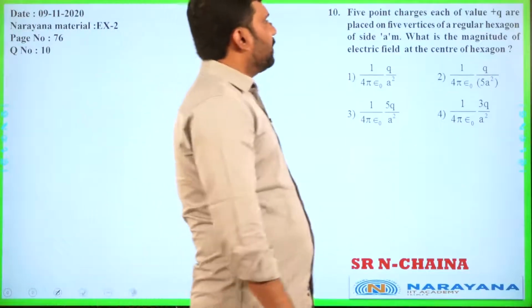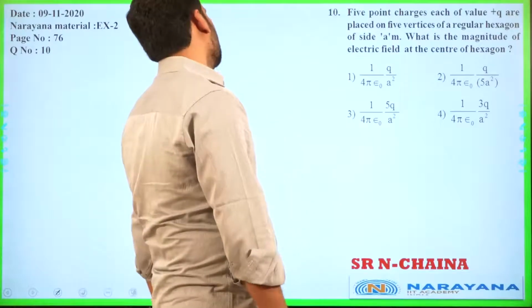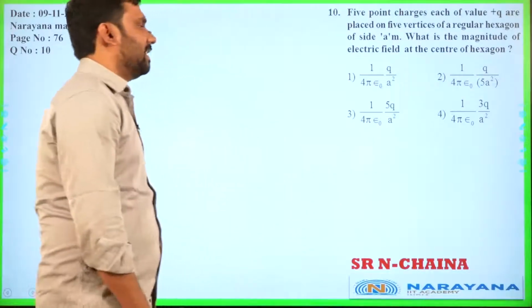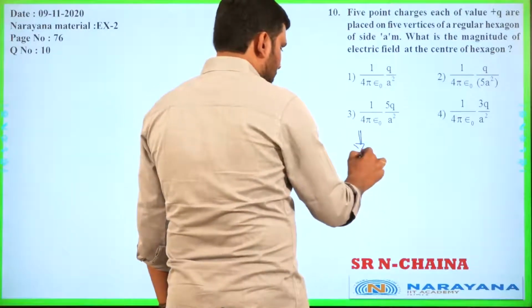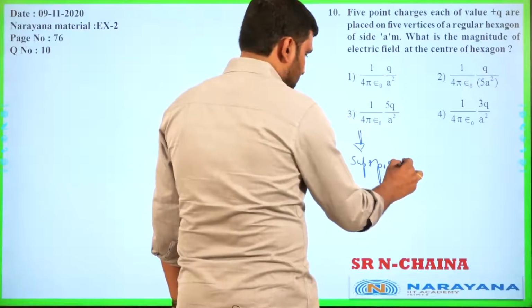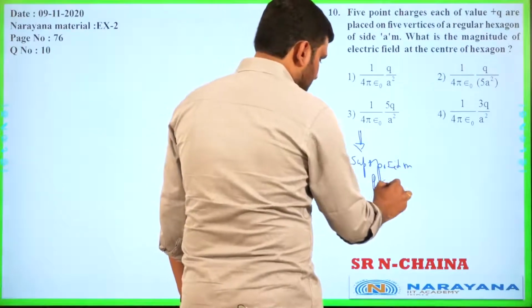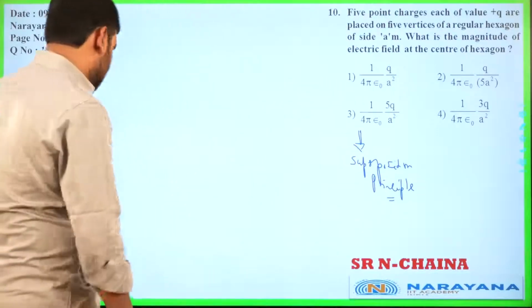Next, 5 point charges each of value plus q are placed on the 5 vertices of a regular hexagon of side A. What is the magnitude of electric field at the center? Same thing again. Superposition principle. Now this is very, very tricky. I will tell you how to use this.